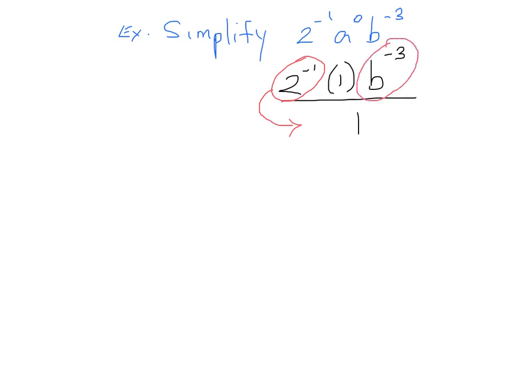Same here. Since we have a negative exponent here, we can pull it down and the sign of the exponent will change to positive. So we get 1 over 2 to the positive 1, and we don't have to write that 1 because it's implied, times b to the positive 3. I just moved this down to here and changed the sign of the exponent, and moved this down to here and changed the sign of the exponent, and we're done.